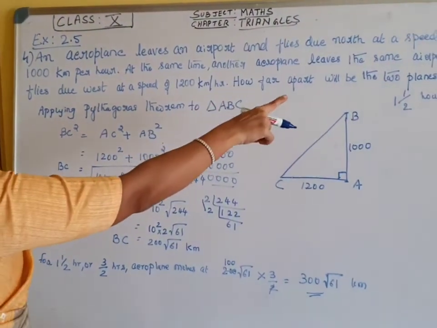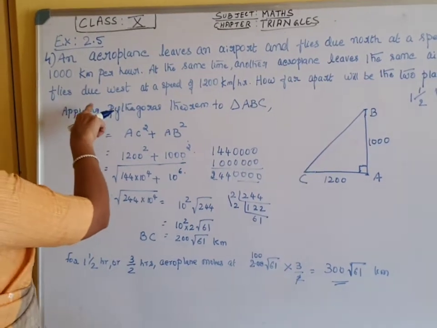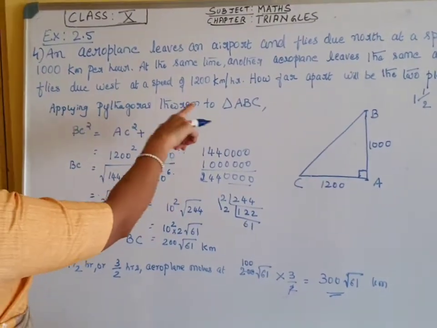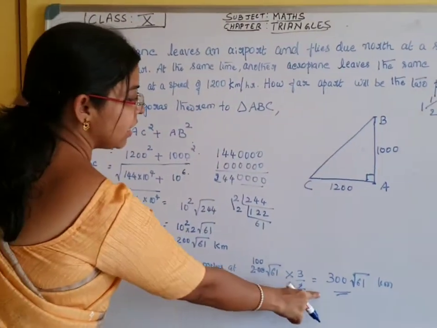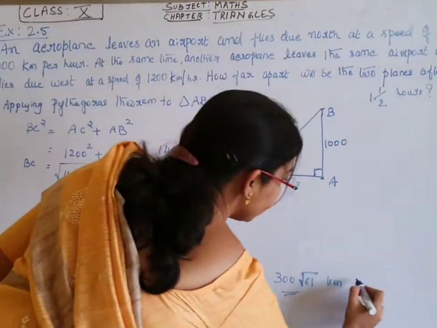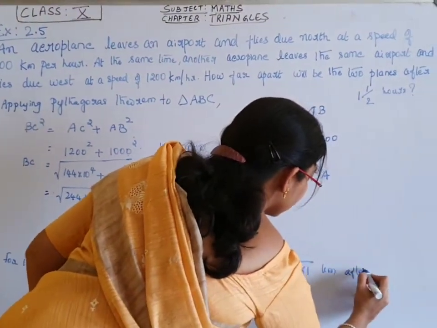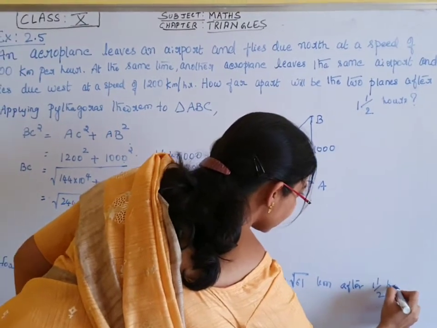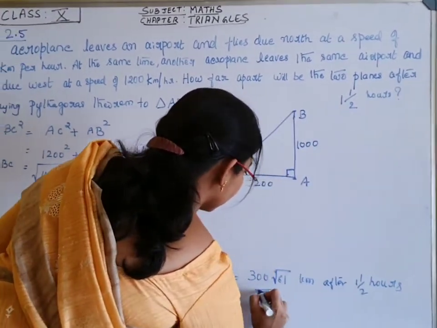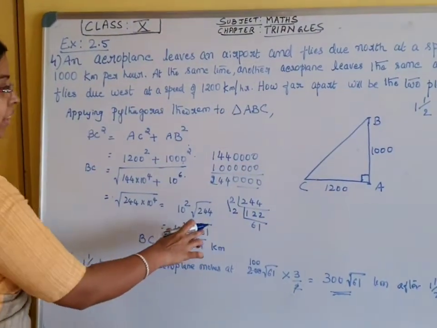So how far apart will the two planes be after 1.5 hours? 300 root 61 kilometers after 1.5 hours. So be careful when you calculate the square roots.